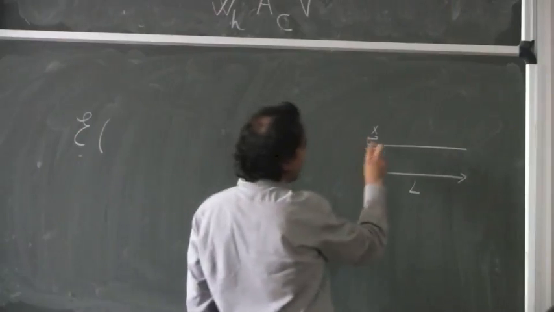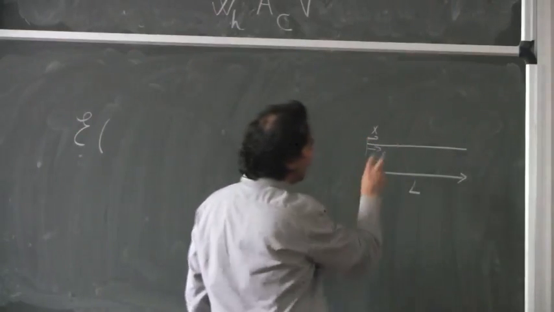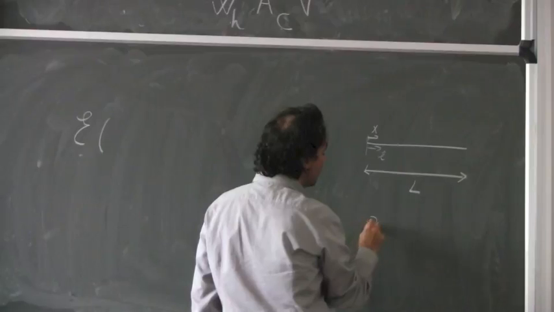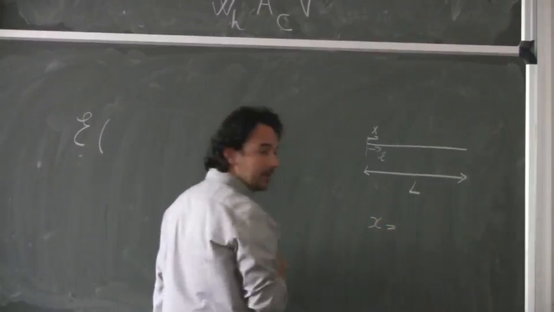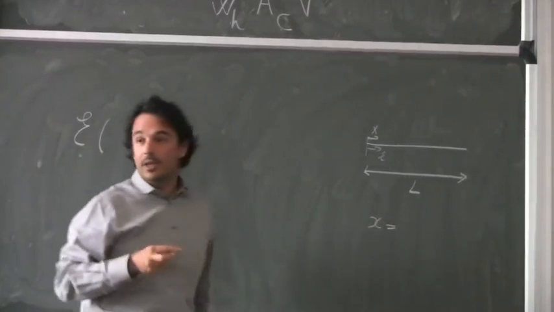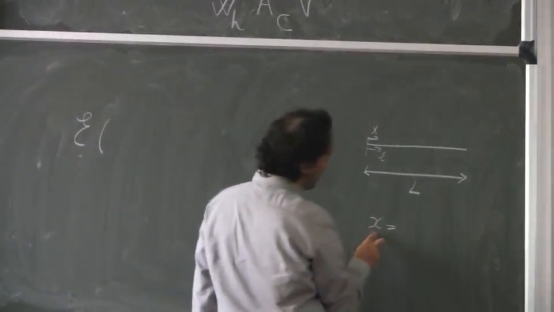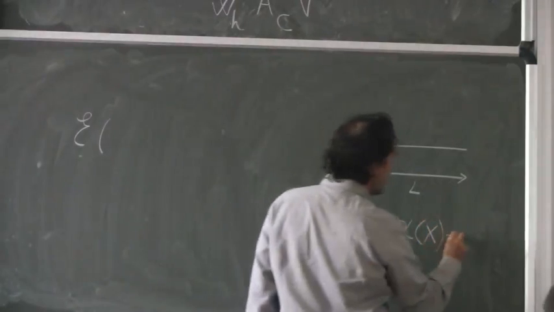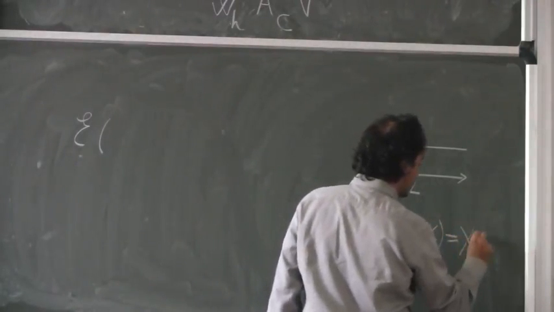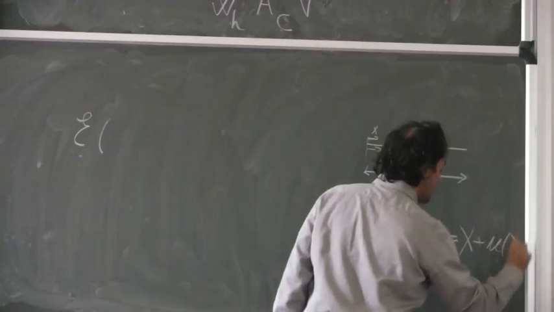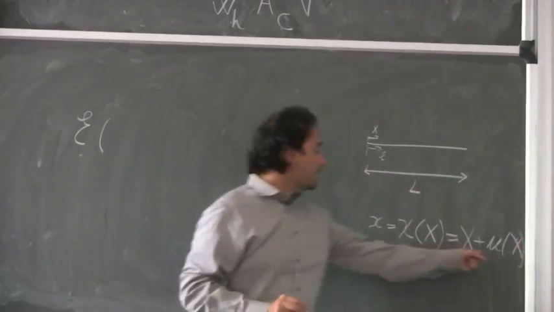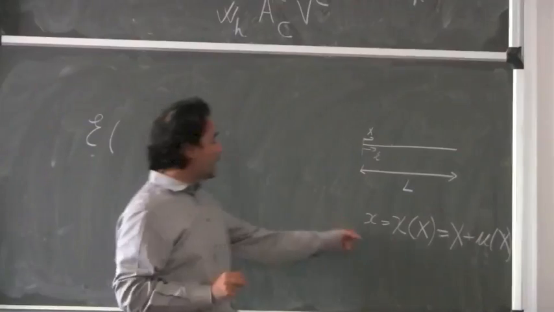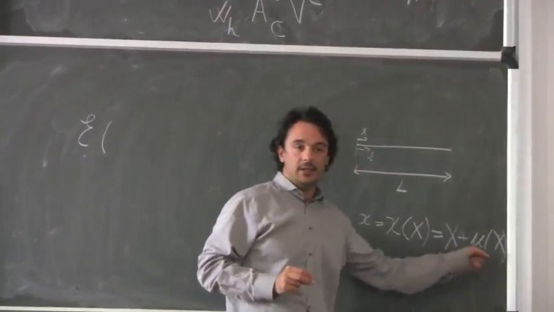We have a certain particle that has an abscissa capital X, and it will be transposed to a particle in a different position, called small x, that will be T of X. This can also be expressed in this way, where U is the displacement. So small x is capital X plus something, and this something is a displacement.